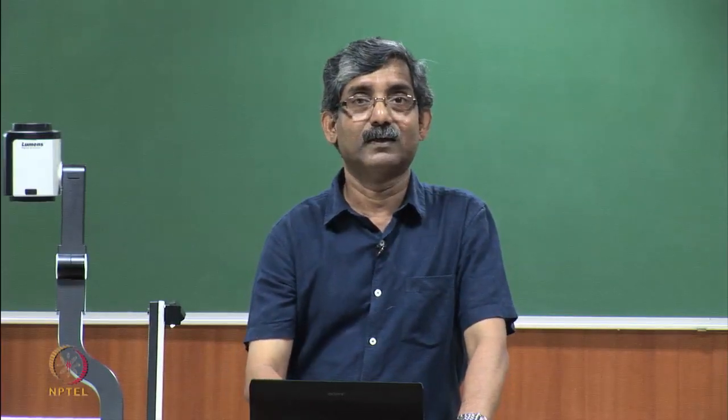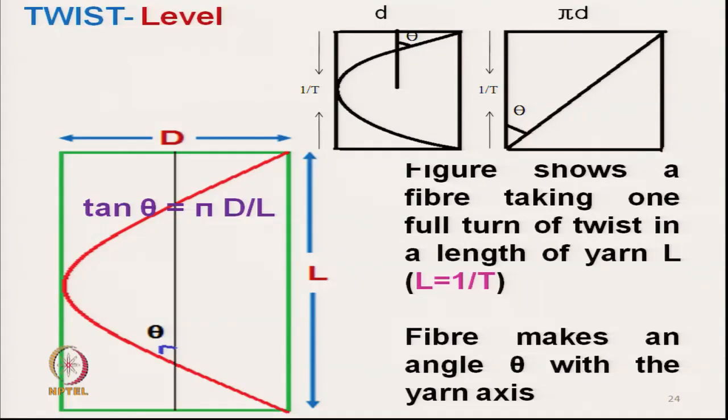Okay. Now, we should very carefully observe here. This is one yarn of diameter d, let us consider the yarn as a circular cross section, okay, of diameter d, and here this red color is a fiber, one fiber wrapped around it, a surface fiber.